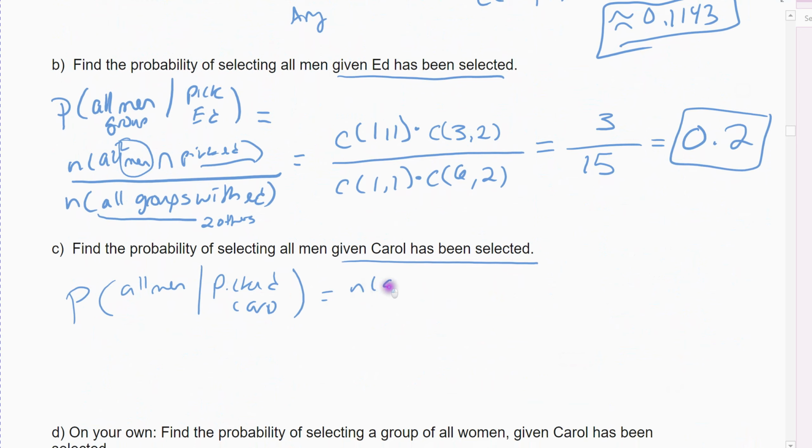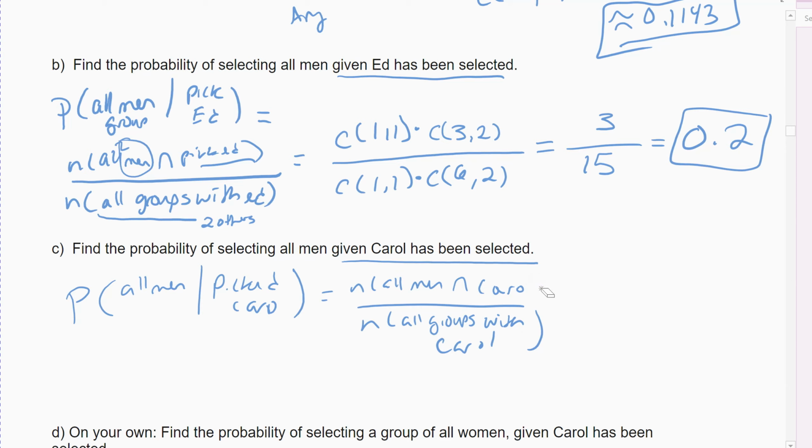Well, it's the number of ways to get all men and Carol, divided by the number of ways to get all groups with Carol. Now, this one you shouldn't have to type out.